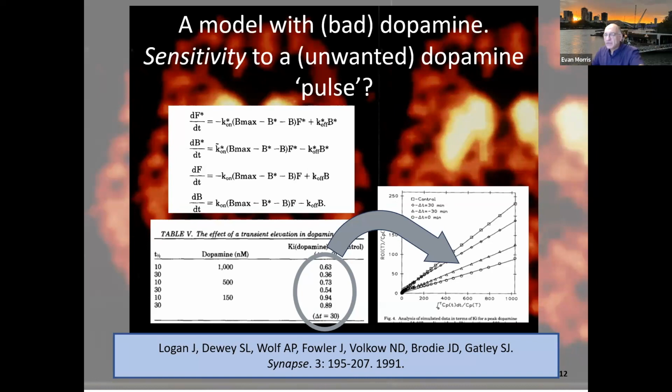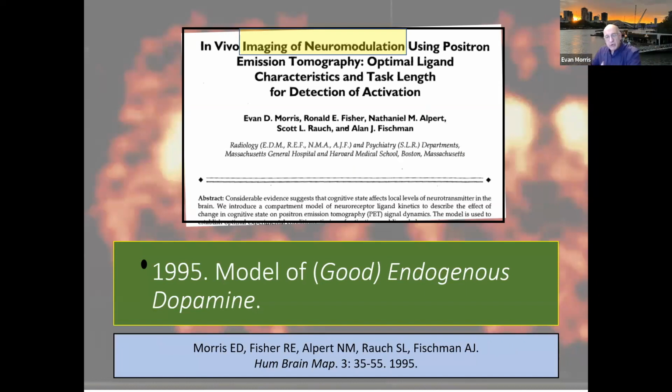Now, the reason it's considered a model of bad dopamine is because the real question at hand there was how much of a dopamine pulse is tolerable before you start to bias the estimate of the thing that they cared about, dopamine receptors. Well, you know where I'm going already.